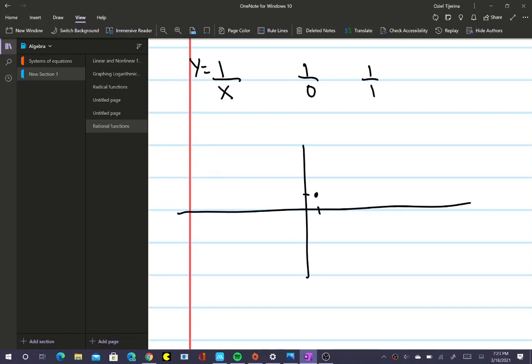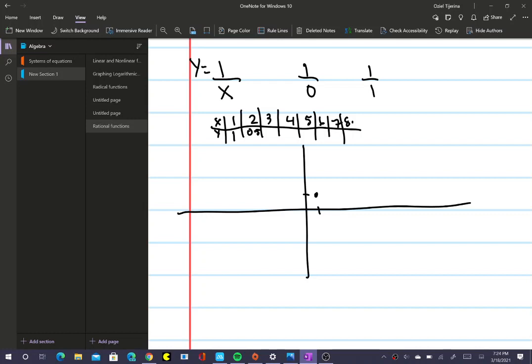As we go along, if we have a table, we go 1, 2, 3, 4, 5, 6, 7, 8, etc. If we graph this on the Cartesian plane, we're going to get smaller and smaller. So we're going to have 1 over 1, which is 1, 1 over 2, which is 0.5, 1 over 3, which is, I believe, 0.25, if I'm correct.